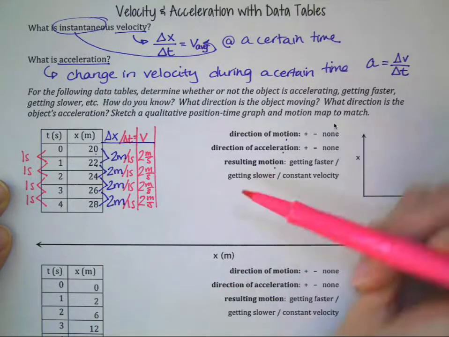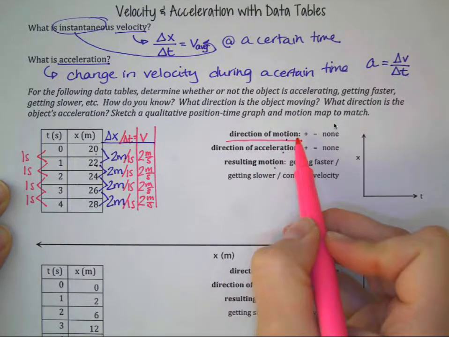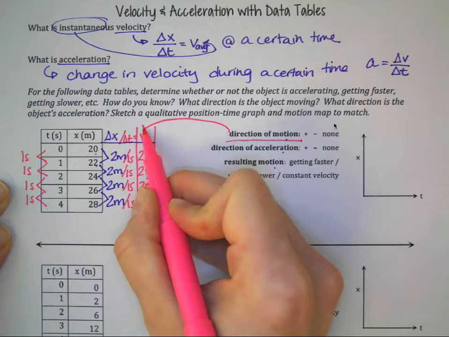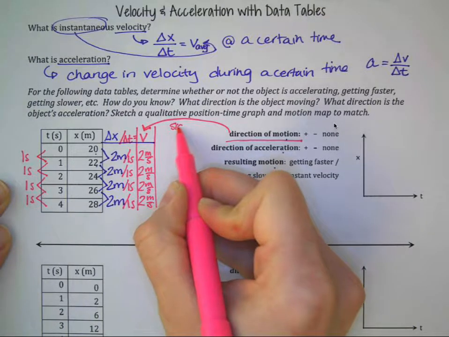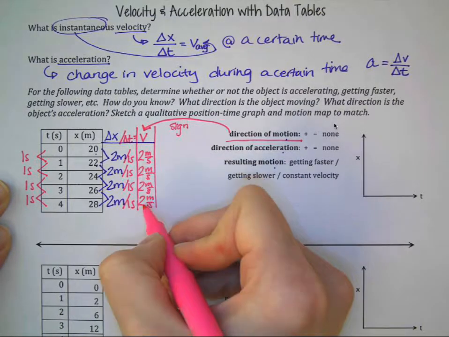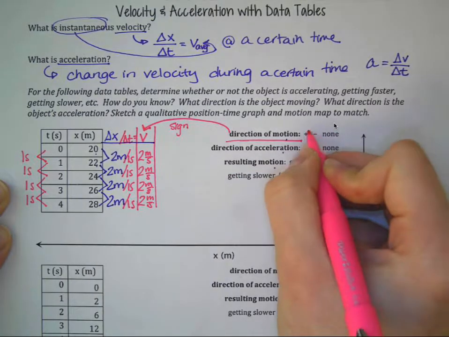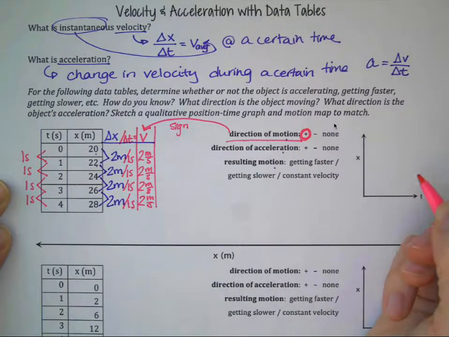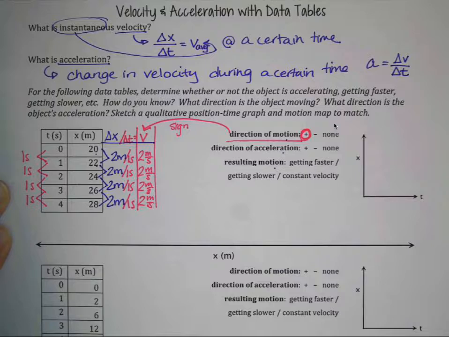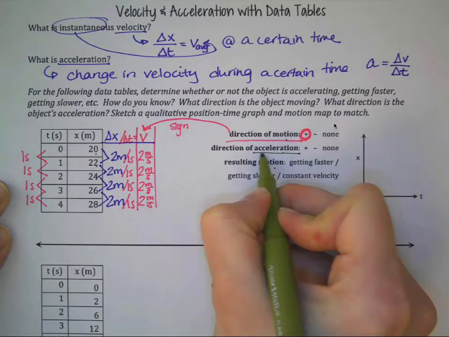So if I'm looking at the direction of motion, the sign of the velocity is what's going to answer that. Because these are all positive values, the direction of motion will be positive. The direction of acceleration is asking what the sign of acceleration would be.